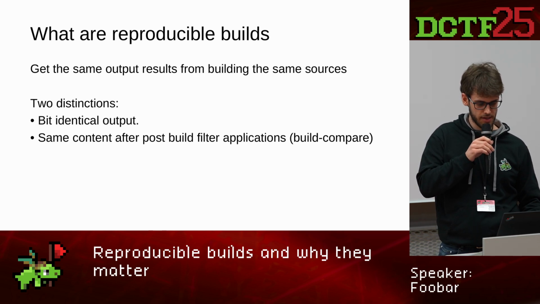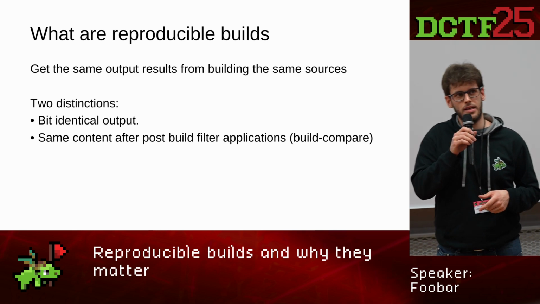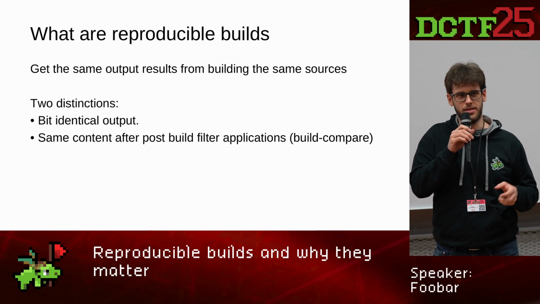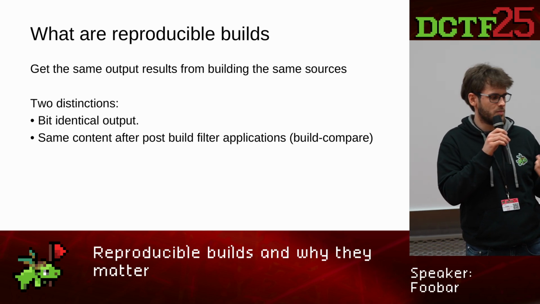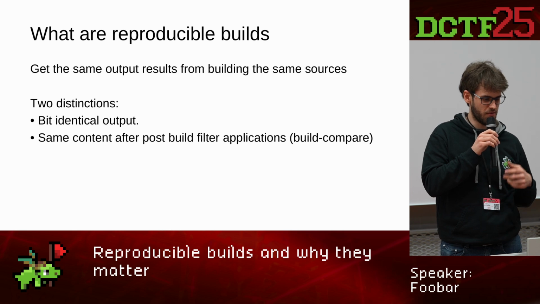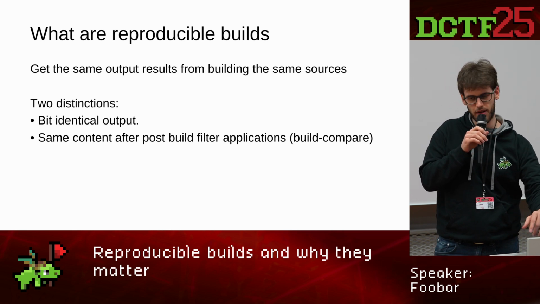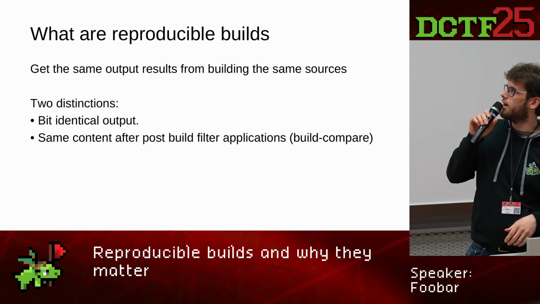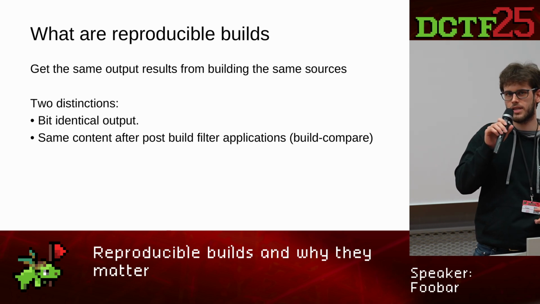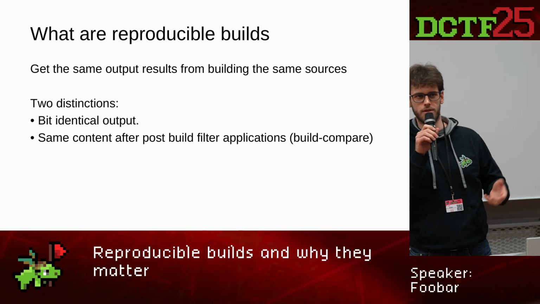We also have same content. A lot of things like archives, for example jar archives, put some metadata in there, and sometimes people don't want to fix that in the upstream project. What we can do as maintainers is have build compare, that's a package, and write filters that specifically take out the bit that we know is unreproducible.